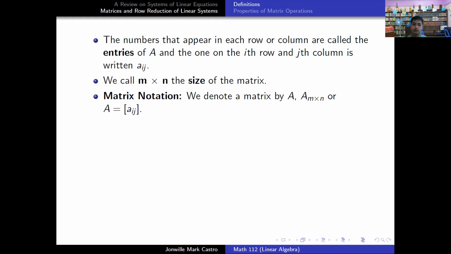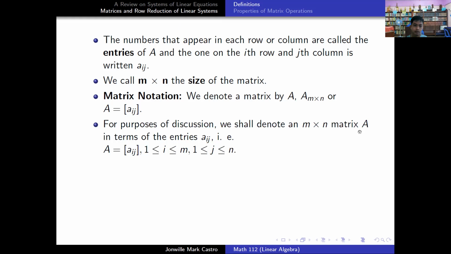So matrix notation we denote a matrix by A or by writing its size, the dimensions, or we have bracket notation. So for purposes of discussion, we will use the notation in terms of entries.